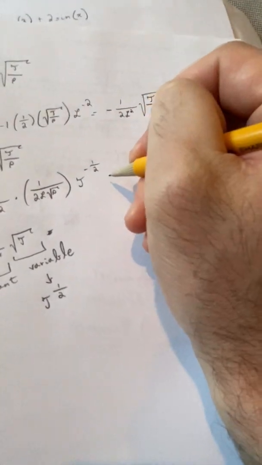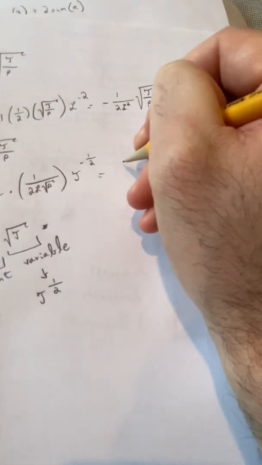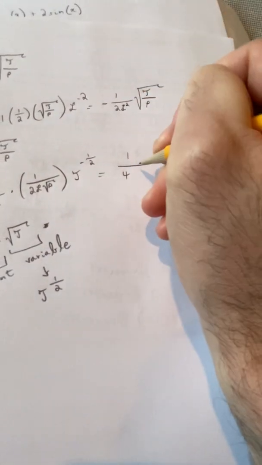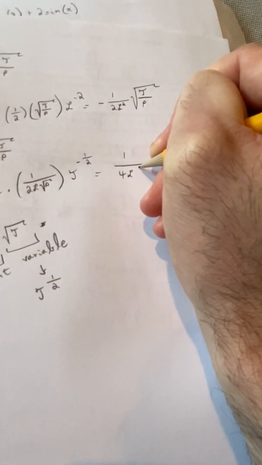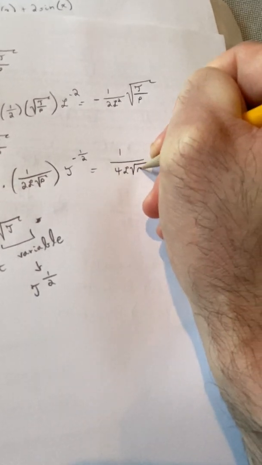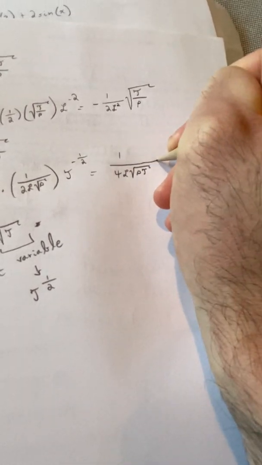And the way that we would probably want to clean that up is we can write 1 over 4L square root of rho t, like that.